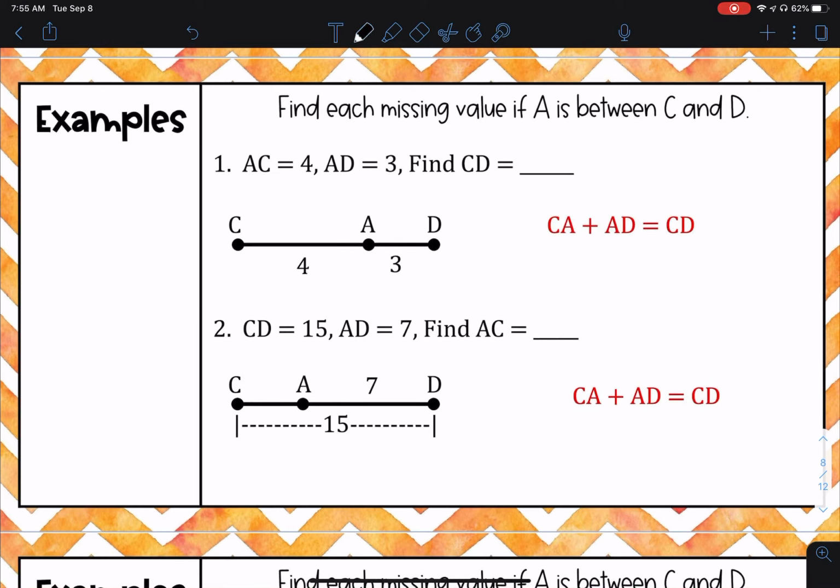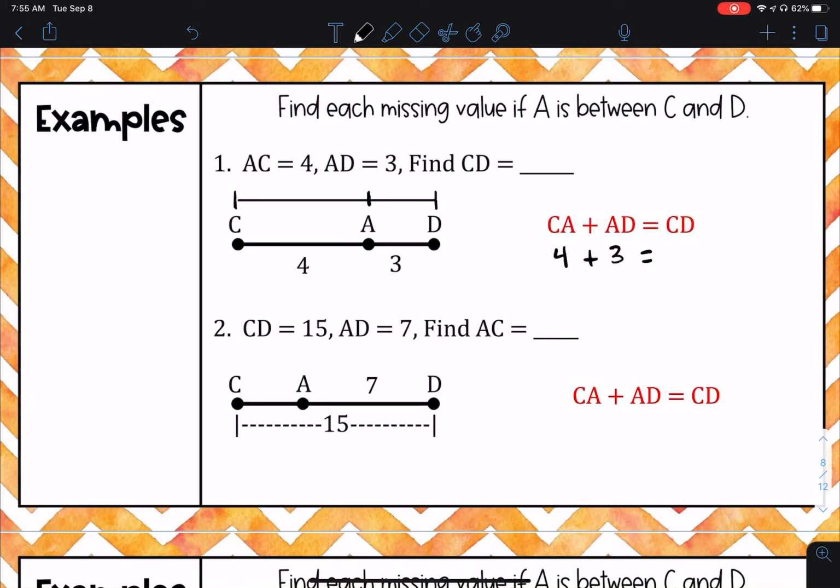Find each missing value if A is between C and D. Okay, well here we go. We have C to A is equal to 4. And then we have A to D is equal to 3.